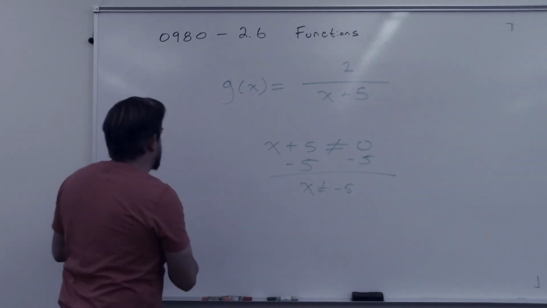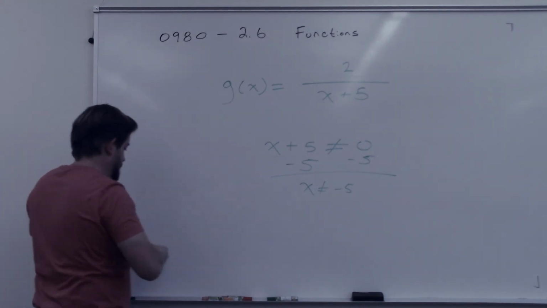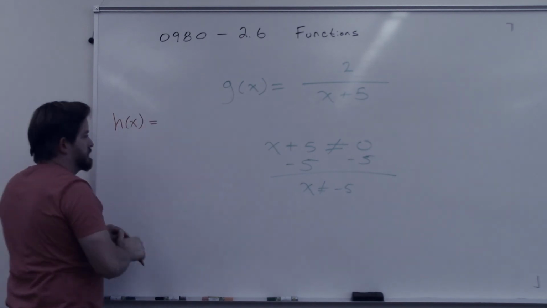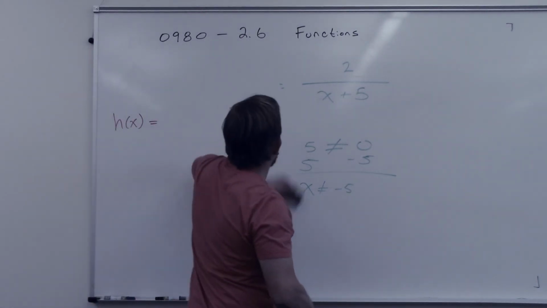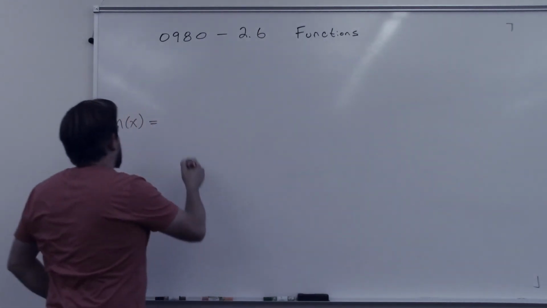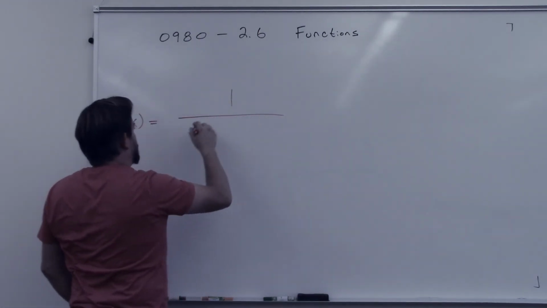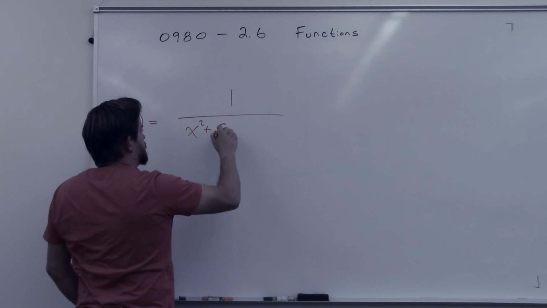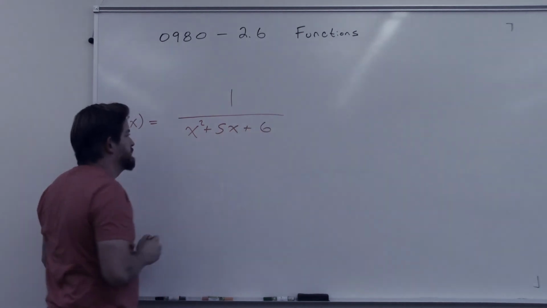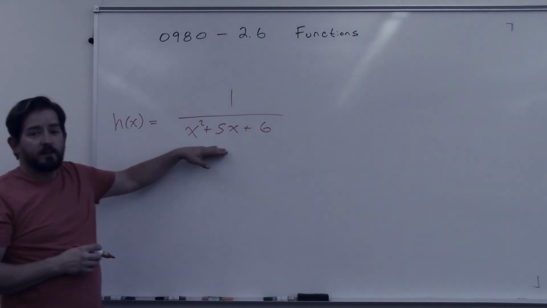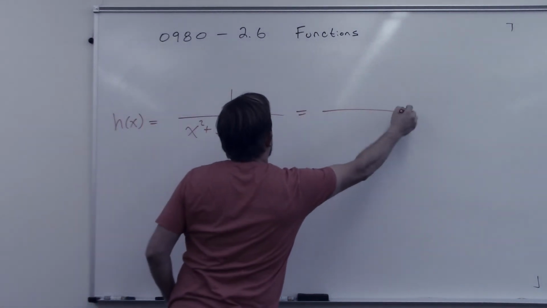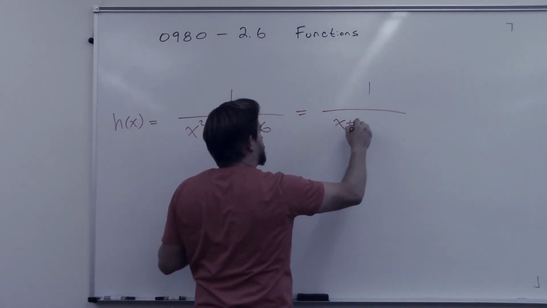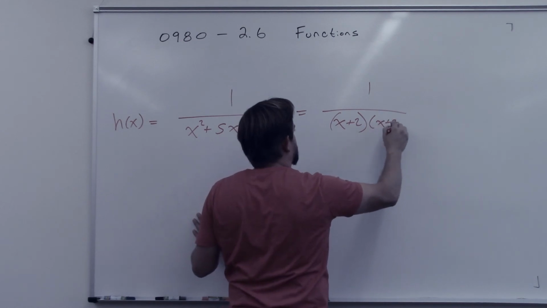If it's even a little bit uglier than that, let's say I have an h of x equals 1 over x squared plus 5x plus 6, right? Well, I can factor this denominator. This is the same thing as 1 over, the 6 could be a 2 and a 3, so I get x plus 2, x plus 3, right?